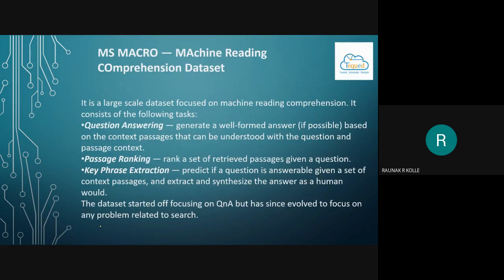The next evaluation metric is MS MARCO, or machine reading comprehension dataset. It is a large scale dataset focused on machine reading comprehension.